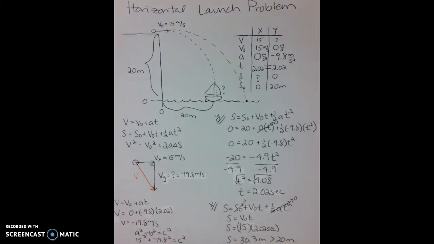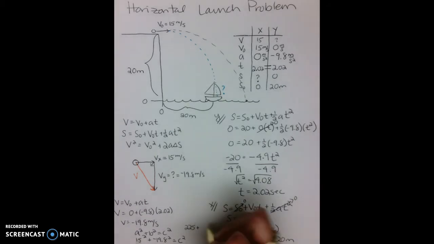Okay. So 15 squared, that's 225, plus 19.8 squared, 392, is equal to c squared. So 225 plus 392, that's 617, and that's c squared, so then take the square root. And I get 24.8 meters per second. That equals the overall final velocity.